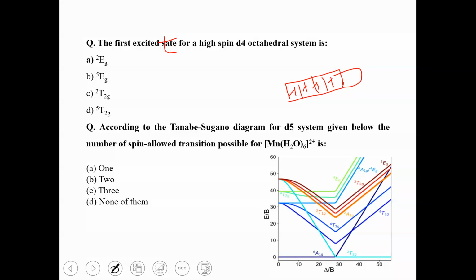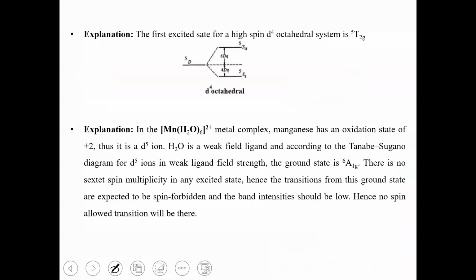So just calculate the multiplicity, it will be 5, right? So either this will be the right answer or this will be the right answer. Since it is an octahedral system, you have to identify the first excited state. Sorry, you have to just draw the diagram. So the first excited state for a high spin d4 octahedral system is 5T2g.